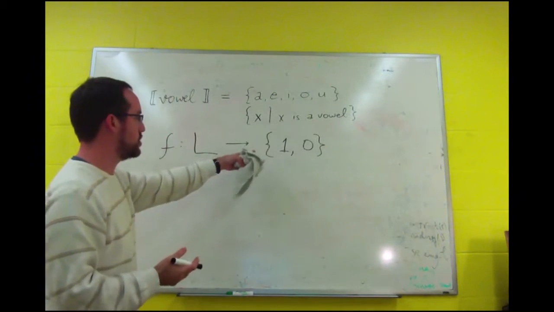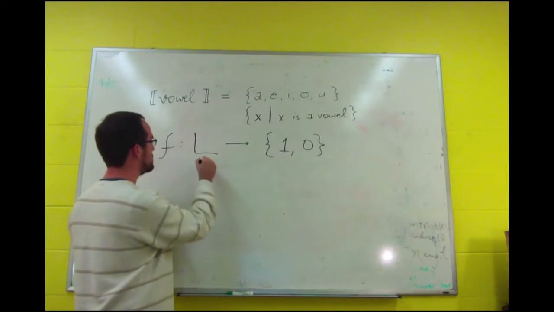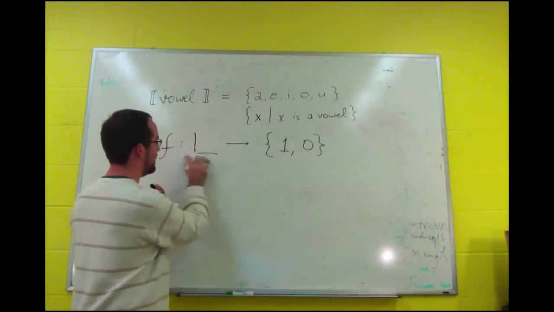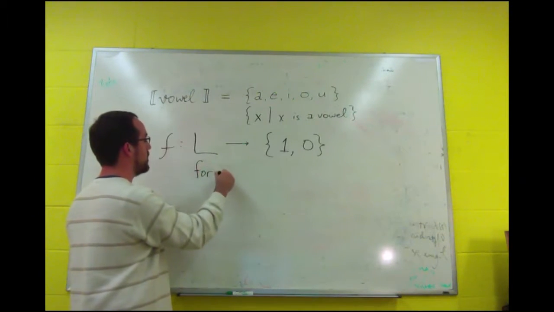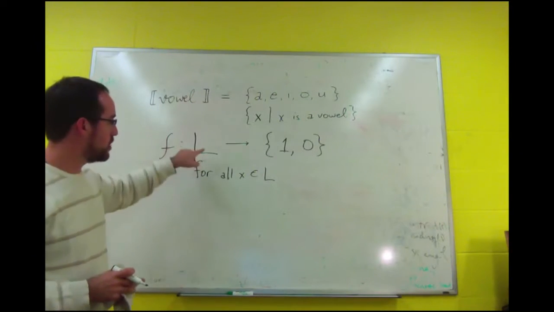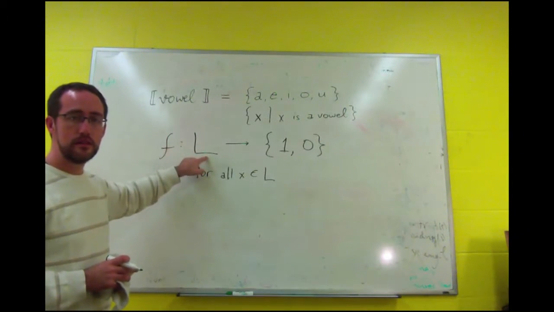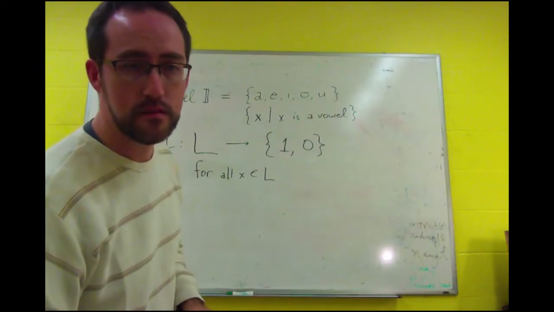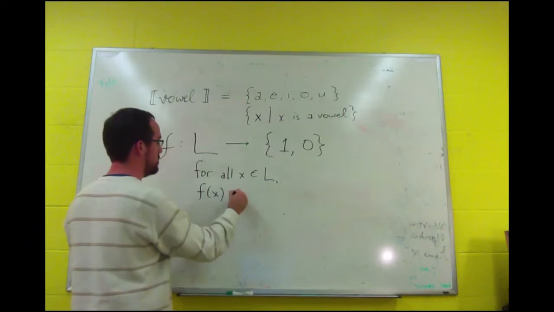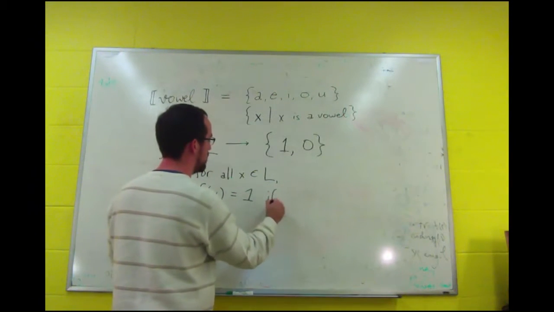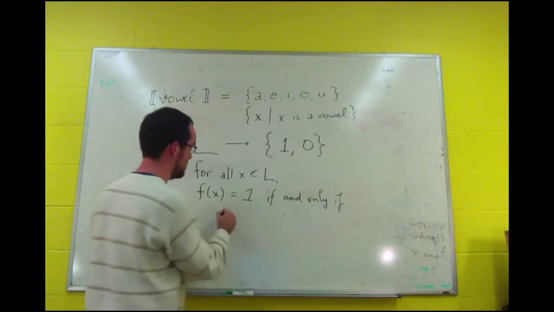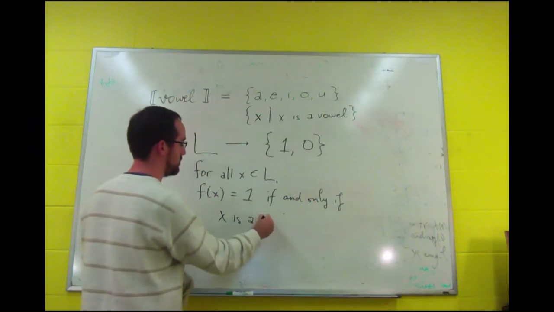Maps it from some domain to 1 or 0, such that for any or all x in L, that is, whatever you take out of this L, out of this domain, you plug it into the function and you'll get 1 if and only if x is a vowel.